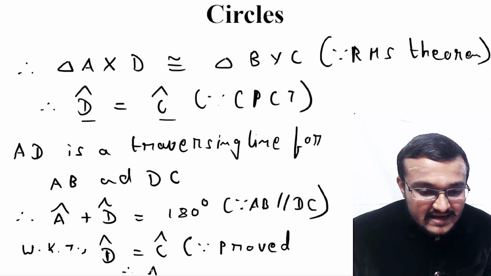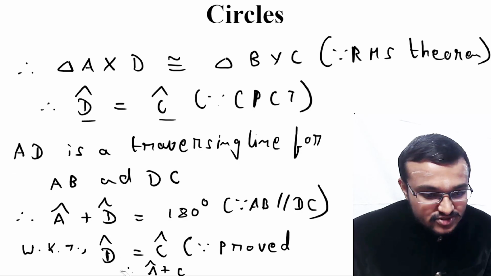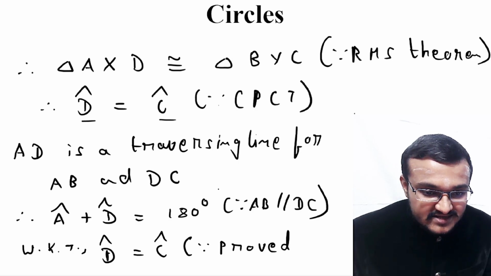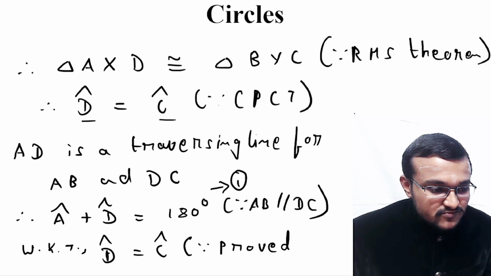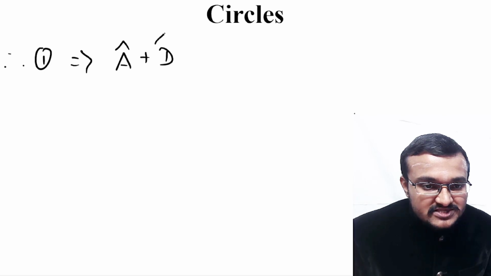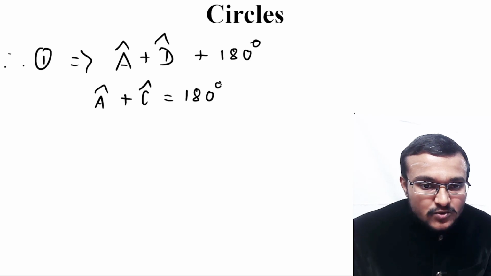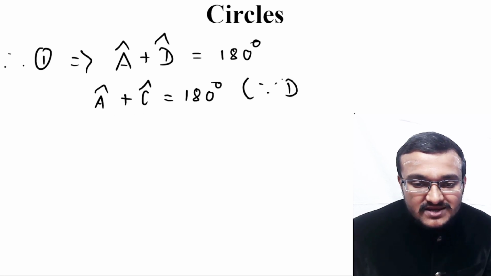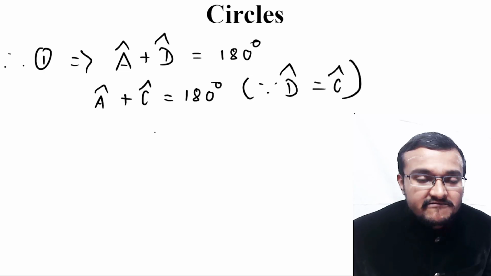I'll write this on a new slide. Here we consider A plus D is equal to 180 degrees as equation 1. So A plus D is equal to 180 degrees, which can be written as A plus C is equal to 180 degrees, because D is equal to C, which we have proved.